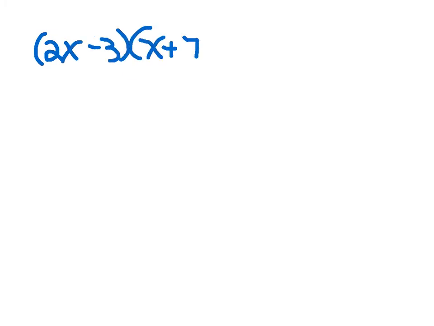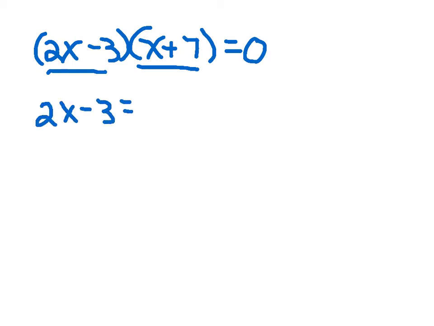So let's try another. We start out with 2x minus 3 times x plus 7 is equal to 0. Again, if this number times this number equals 0, then one of them must be 0. So I set each factor equal to 0 and solve.